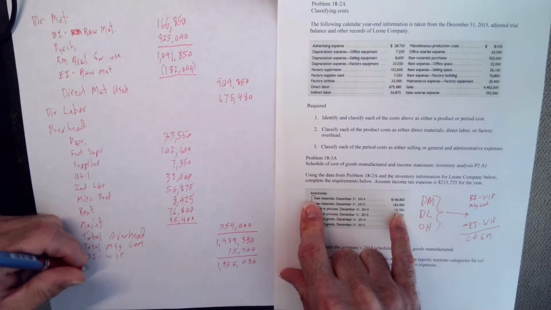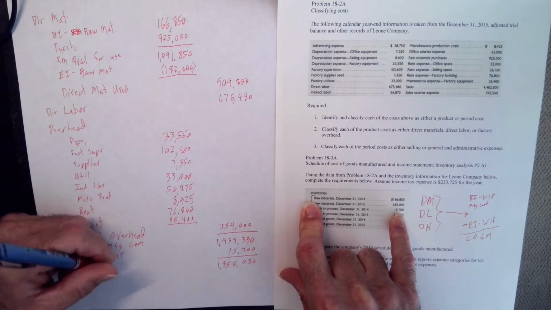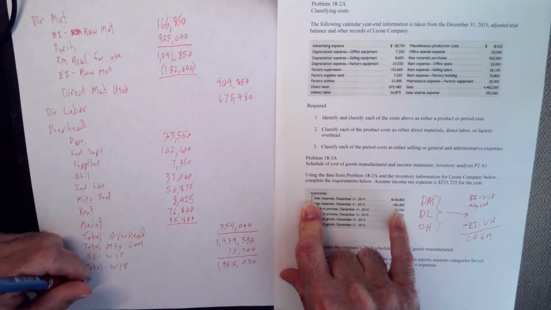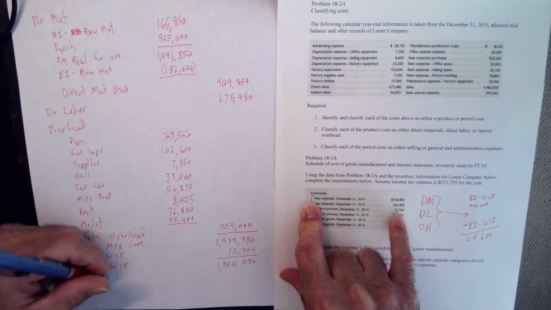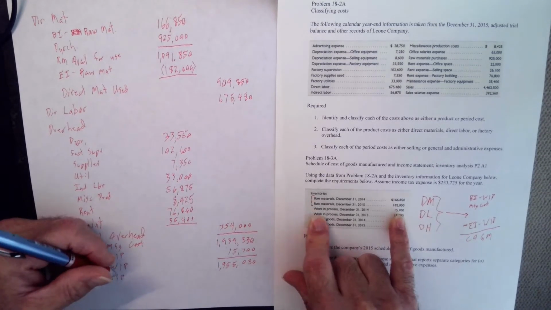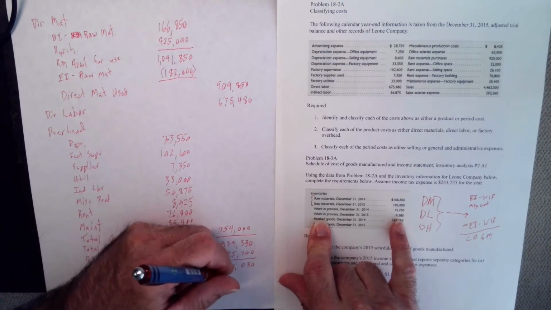Okay, so total WIP, and then I subtract out ending inventory for work in process. And my ending inventory is right here, 19,380.